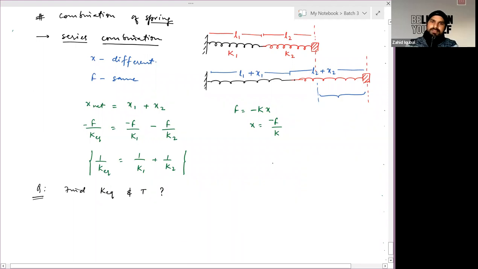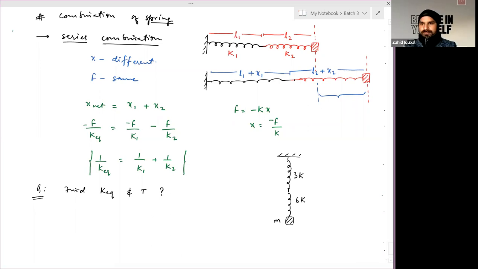Related to this concept, try to find, if you have two springs, this one and this one, having spring constants 3K and 6K and a block of mass M. This above formula will be valid for horizontal combination as well as for vertical combination.